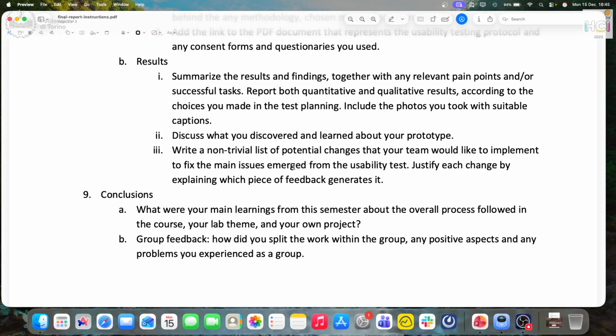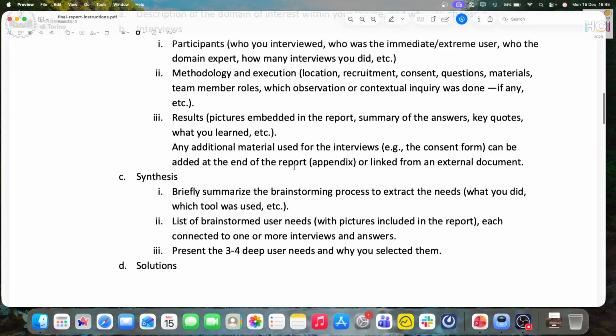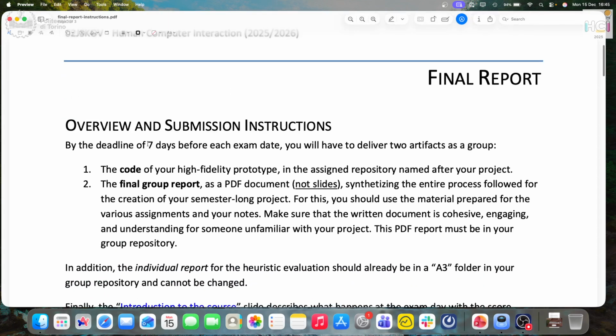So at a certain point closer to the exam, generally around 7 days before, because there we know how many of you submitted everything, so we can count exactly the number of groups, we will create a schedule that is compatible with any other exams or other things you may have on that day.